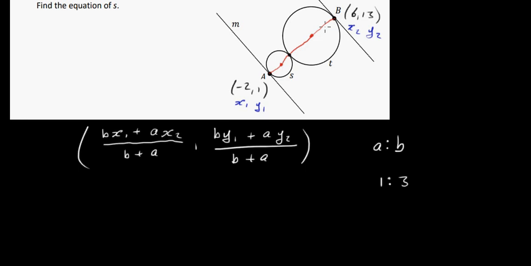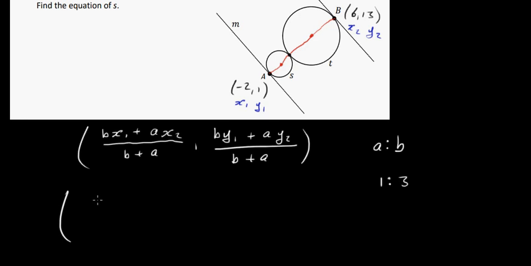So this is going to be my x1, y1 on this side. This is A here, this is B here, so we got to put this one first. So let's have a look at actually putting these values into this formula here. We're going to have B times x1.